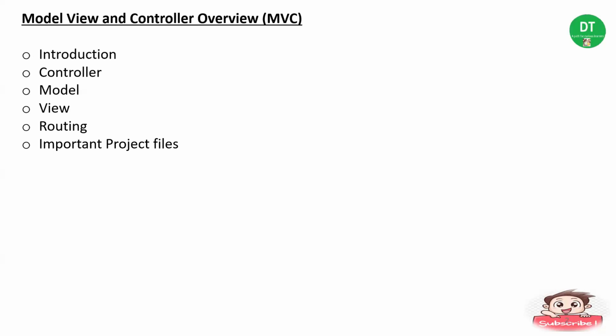If it is present, then the particular page related to that controller and action method is returned. In short, this is the routing phenomenon.